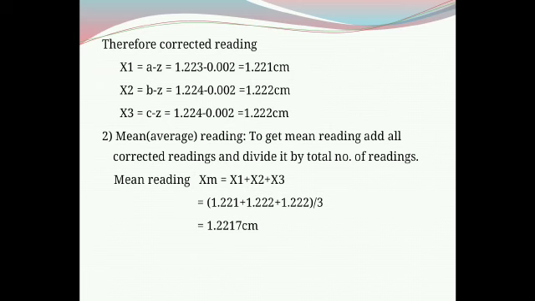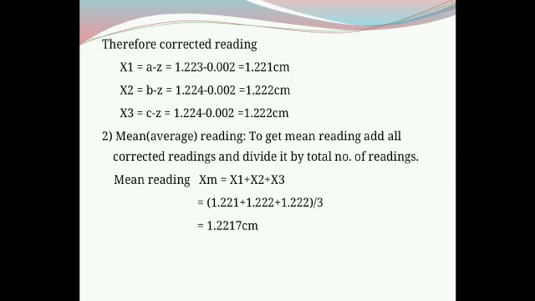Therefore the answer is 1.222 centimeter. Second step is to find the mean reading or average reading. To get it, add all corrected readings, x1, x2 and x3, and divide by the total number of readings. Here there are a total of 3 readings. Therefore the mean reading xm equals x1 plus x2 plus x3 divided by 3.